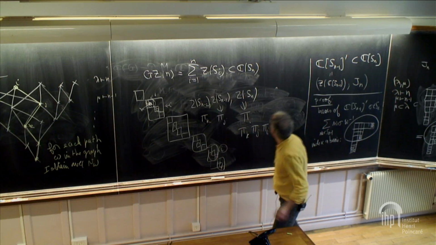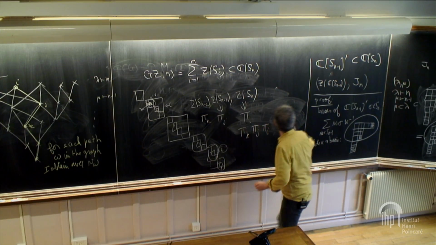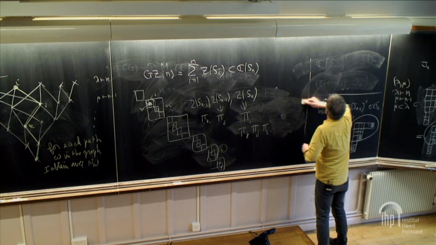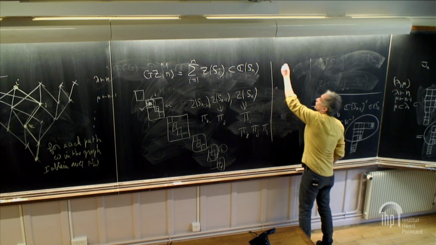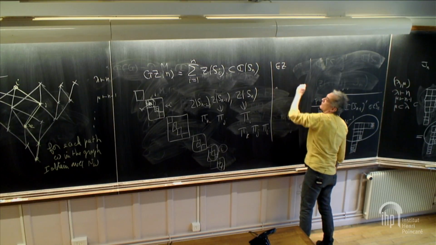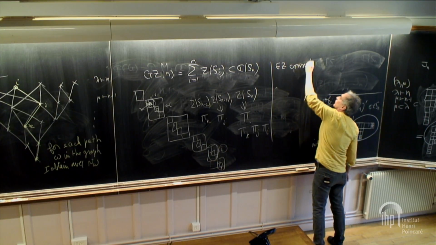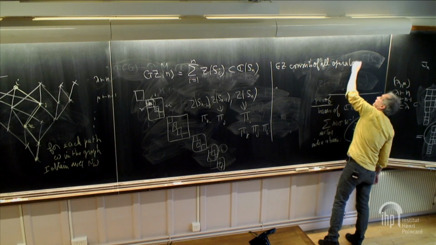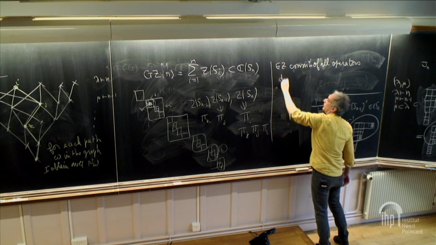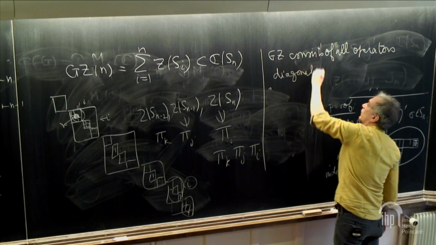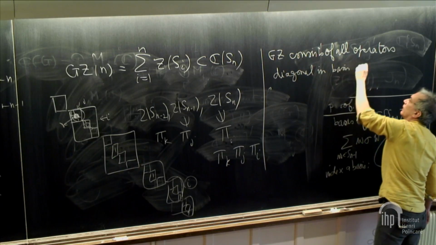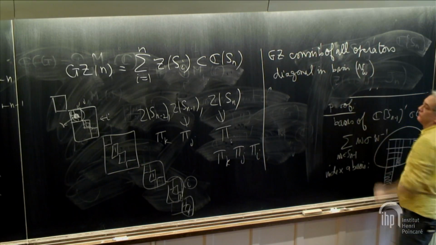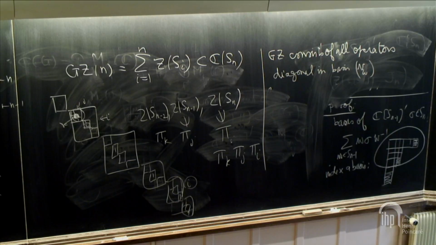Okay, so what I claim is the following. The algebra GZ consists of all operators which are diagonal in the basis V omega, where omega is a path in the branching graph.